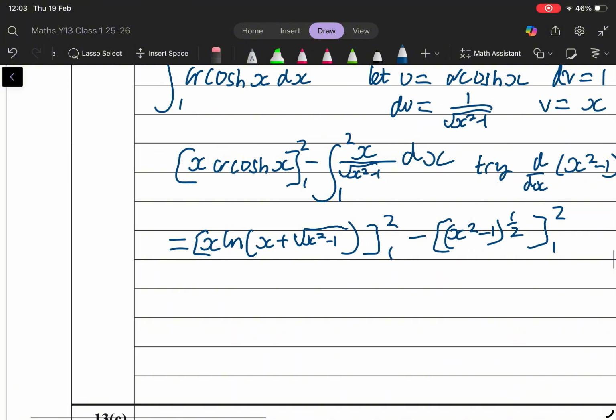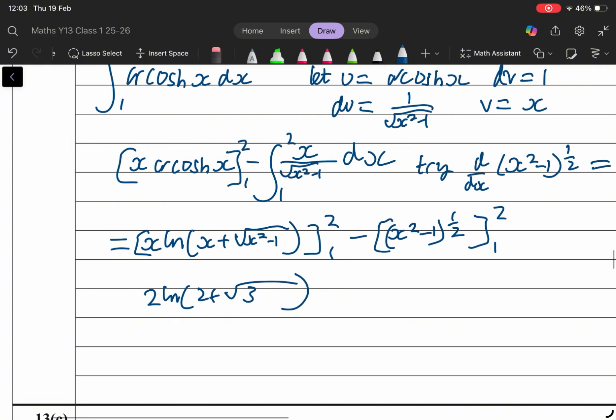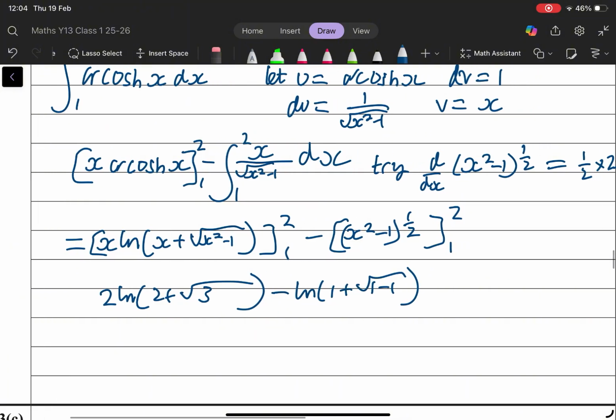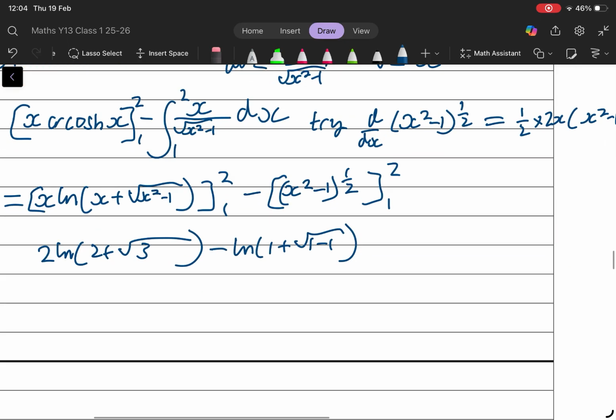So I'm getting 2 ln of 2 plus square root of 4 minus 1, which is 3. Then 1 ln of 1 plus the square root of 1 minus 1, which is just ln of 1, which is just 0. So that works out nicely.